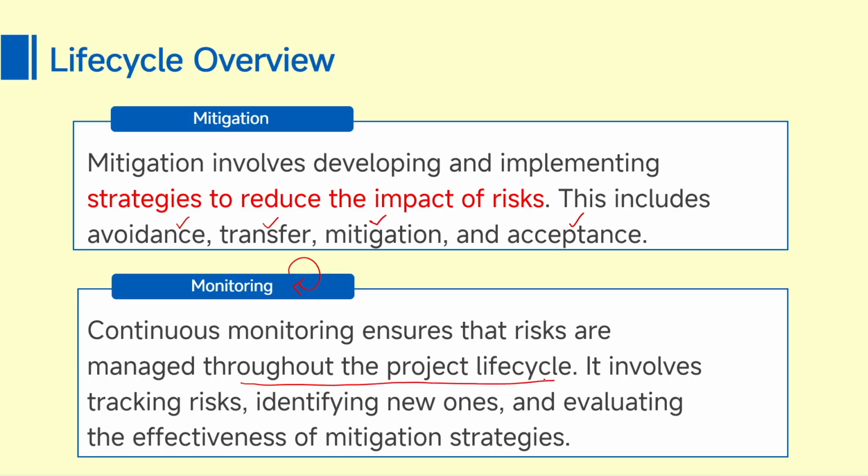So what it does is try to track the risk, identify new risk as and when it appears, and evaluate the effectiveness of mitigation strategies. So risk cannot be avoided 100%. Some set of risk will be there in software development.